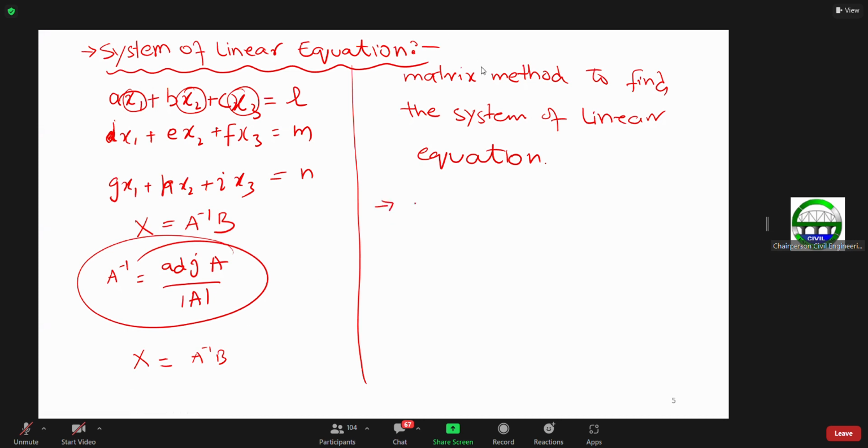First is the Gauss-Jordan method. And then there is another method which is known as the Gauss elimination method.